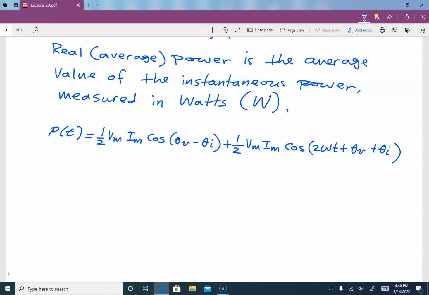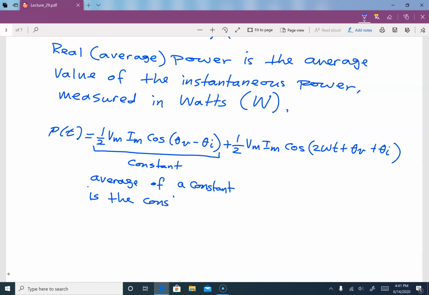So if you look at this, I do have two terms. This first term is constant, because there is no t in it. So if I substitute the values of Vm, Im, theta V, and theta I, it will be a constant, a number. And the average of a constant is the constant itself.